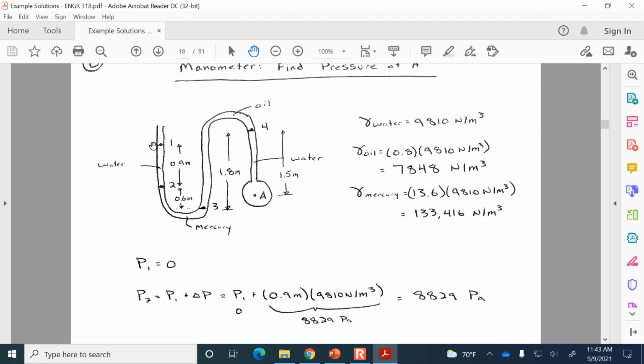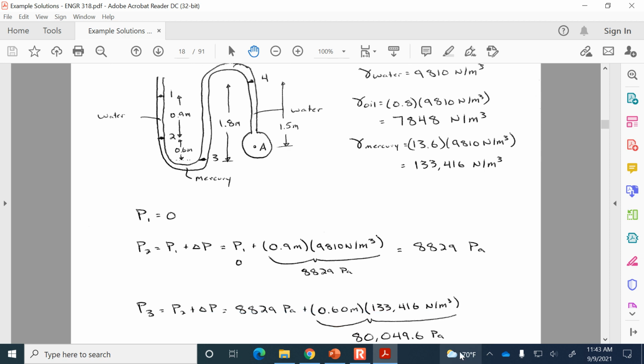And starting at 0 pressure at 1, we go down through the fluid and are adding pressure. So the change is 8829 pascals, and added to 0, that just means the pressure at location 2 is 8829 pascals. Then we're going down through the mercury, which is the heavy stuff. The pressure accumulates quickly through the mercury because we have this large unit weight.